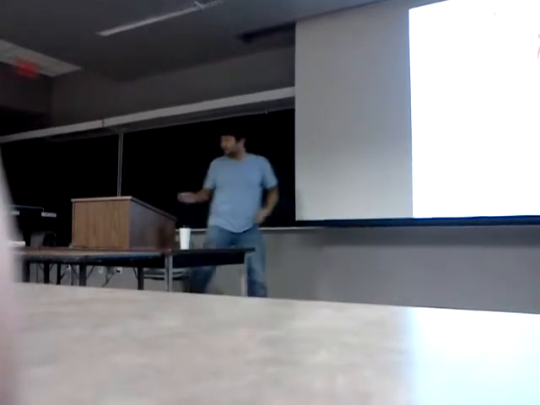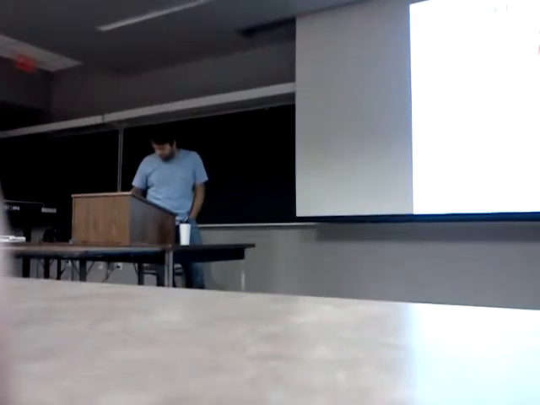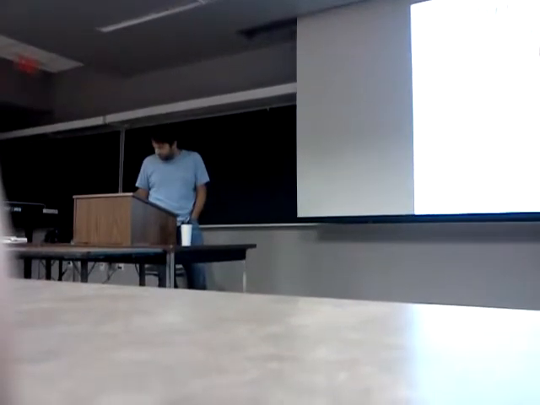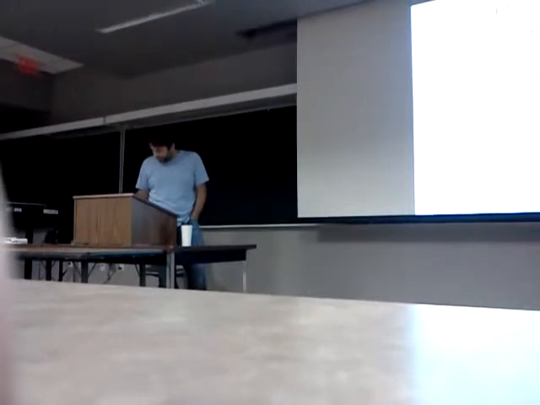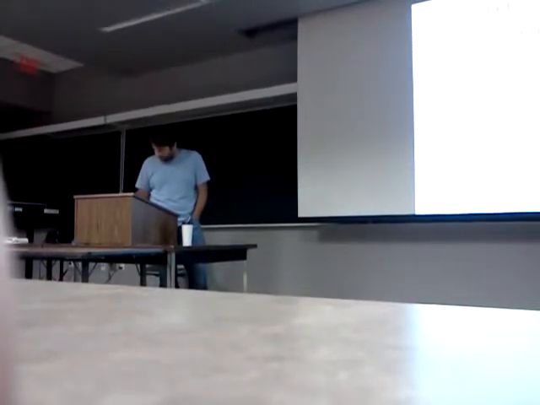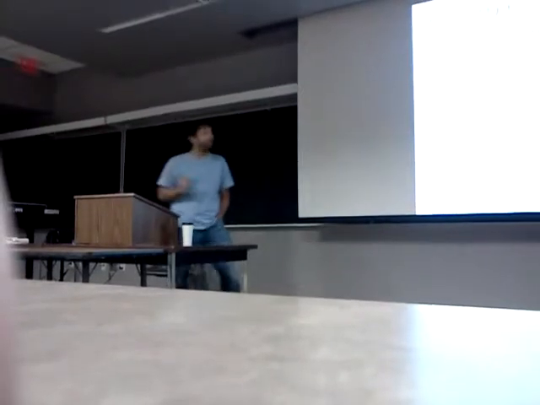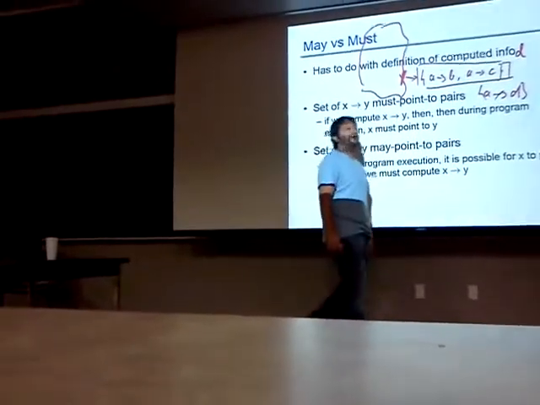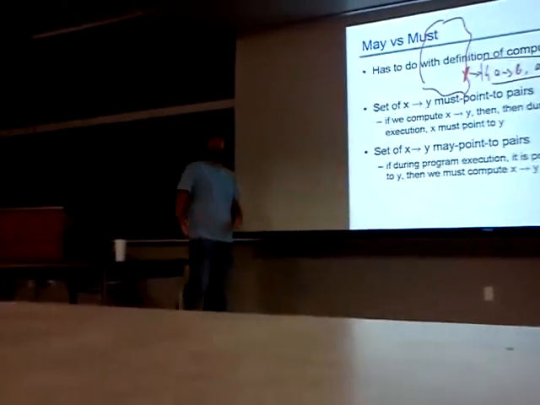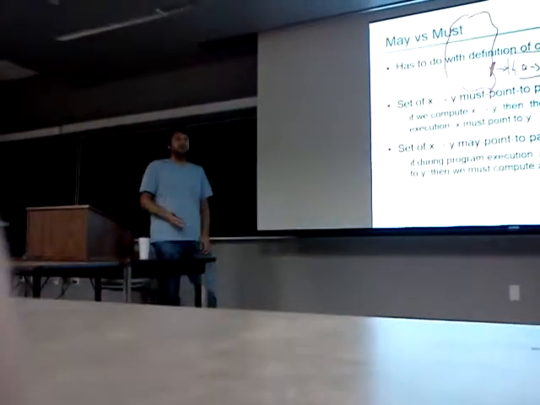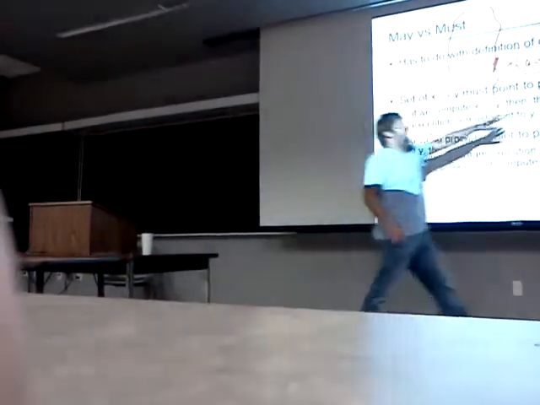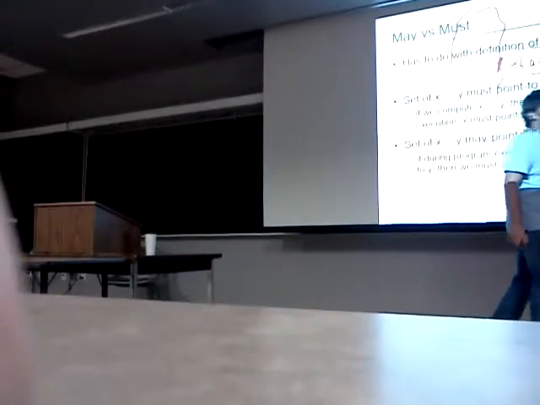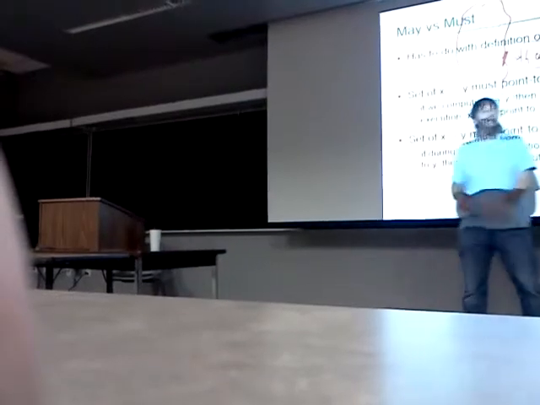For example, if we have another variable D, and this is your may point to set, then you can learn the must fact that A does not point to D. In fact, you can write an analysis that computes the must not point to fact. You can store it again as pairs of things, but the interpretation is not that A may point to D, it's that A does not point to D. And once you know this, you know for sure that it does not point to D.